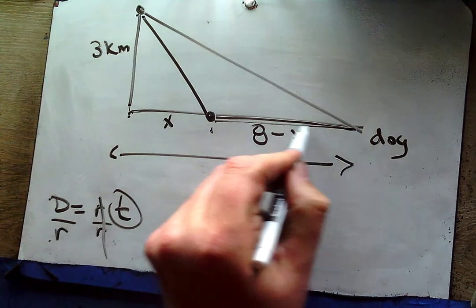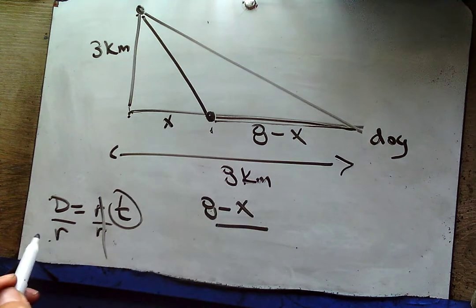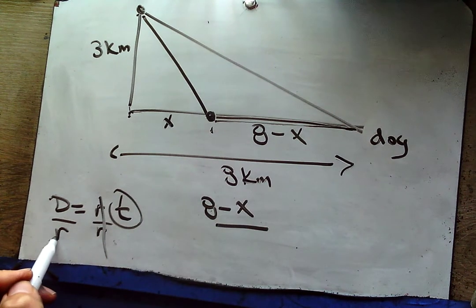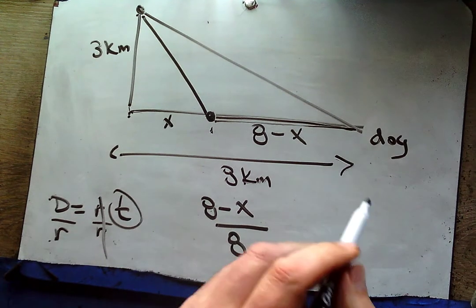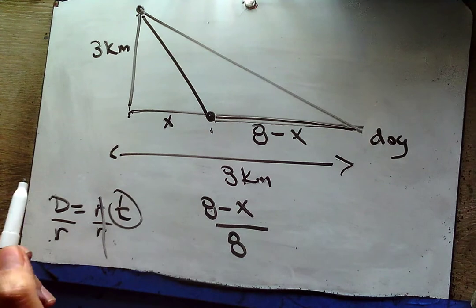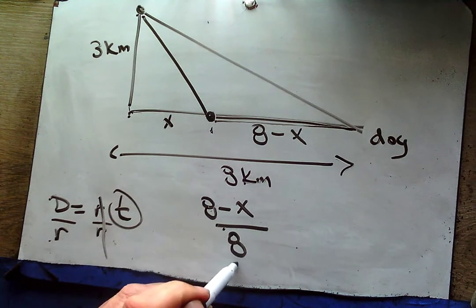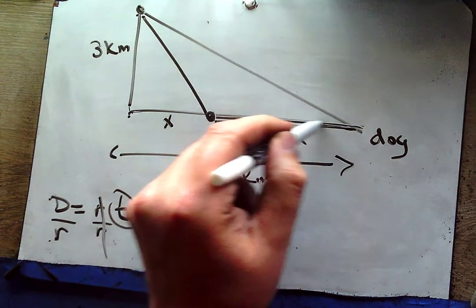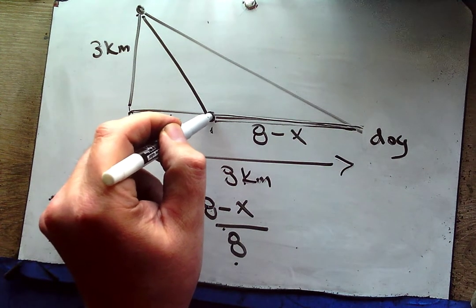So it's the distance down the beach divided by the rate at which the dog runs. I've got the dog running at 8 kilometers per hour, and I have the dog swimming at 6 kilometers per hour. But this distance divided by rate only gives me the time for the land portion of Elvis's run.